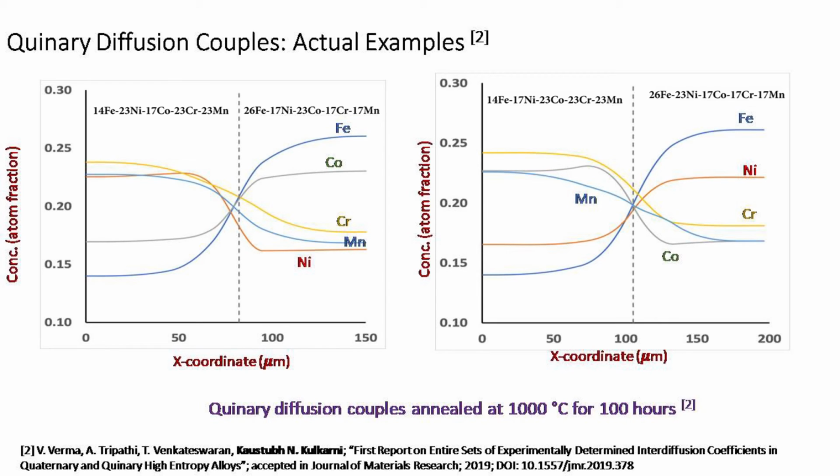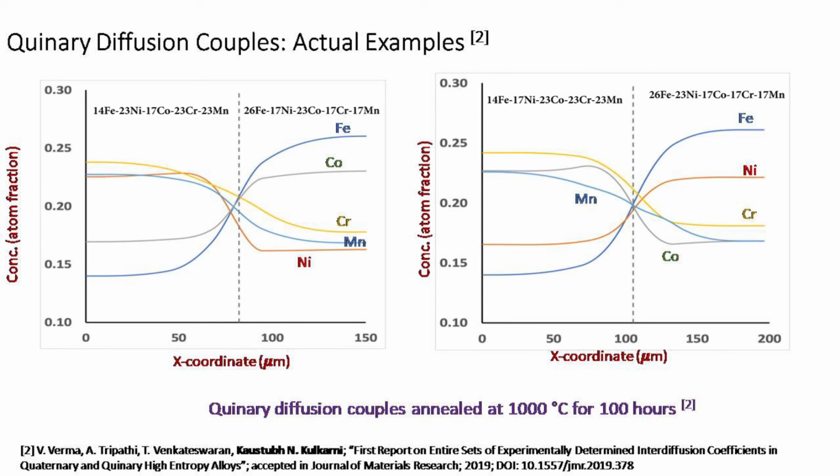And these are the concentration profiles developed in this quinary diffusion couple. Important to note here is the nickel profile. You can see a nice maximum here on the left side and there is a minimum on the right side of the initial contact plane here.